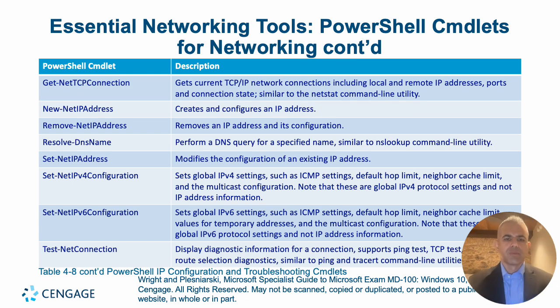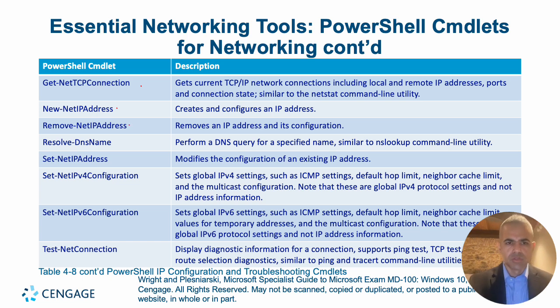Okay, some additional ones are Get-NetTCPConnection, which shows you all of your current TCP/IP connections, and that includes how you're connecting locally and remotely to other IPs. New-NetIPAddress creates and configures a brand new IP address using the same naming convention that you've used. You can remove it.